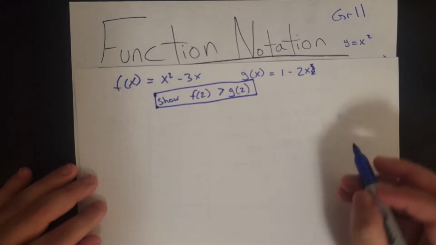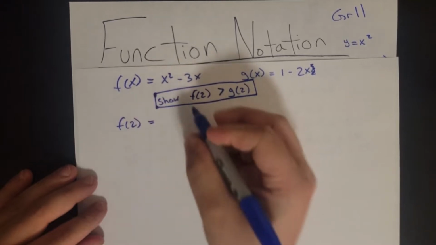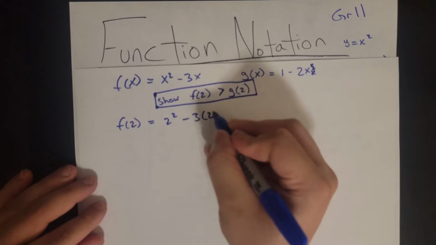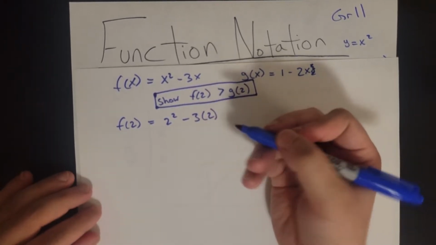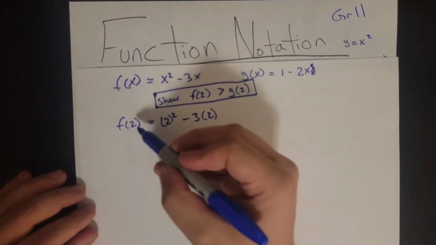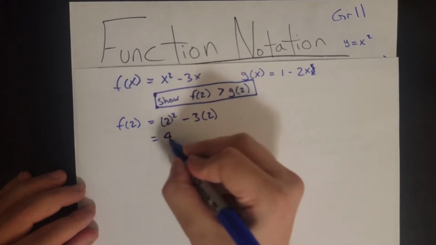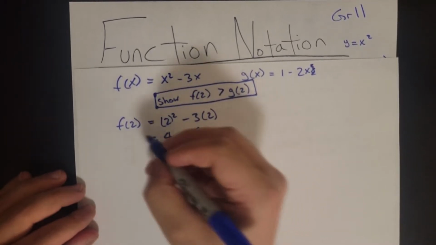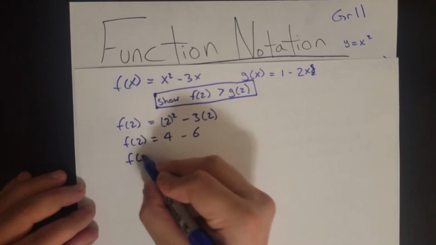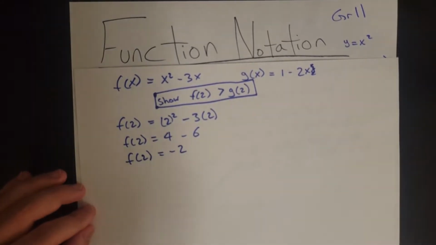And that is as simple as saying, okay, f of 2 is basically 2 squared minus 3 times 2. That's all it is. I put in the 2 where the x is, and now I can solve this. Negative 2.